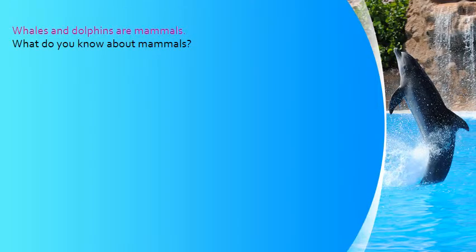Whales and dolphins are mammals. What do you know about mammals? Like we said before, when we used the book, mammals are animals that give birth to young babies. They feed their young milk. Their bodies are covered with hair or fur. They breathe with their lungs.